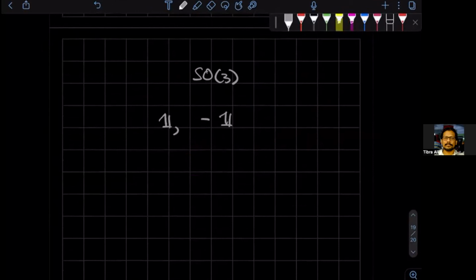So together they form a Z2 group. So that was a very, very hand-waving explanation of homotopy group. Are there any questions?